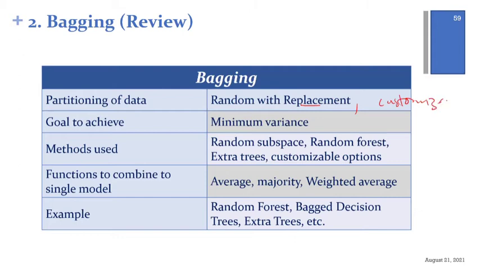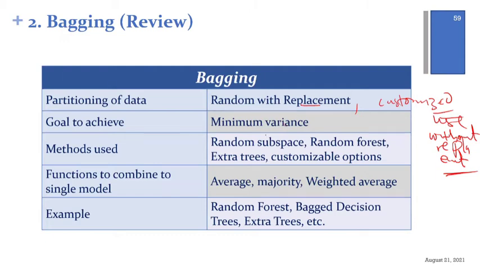The customized one can use sampling without replacement. These are some of the new areas that have been explored. Originally, bagging was based on sampling with replacement. But now new ideas are saying, why can't we try without replacement and see how far we can go?